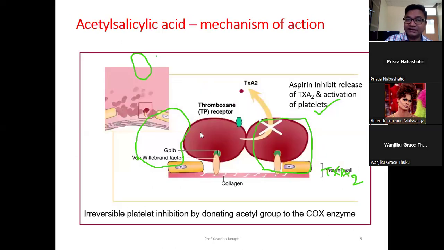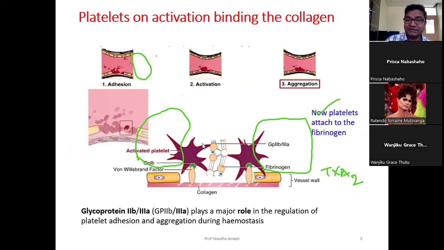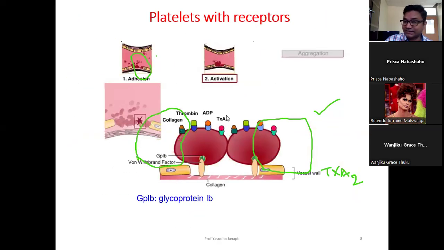You can see it in our diagram, what we studied, thromboxane. If it doesn't bind, aggregation will stop. So this is how the drug acts.